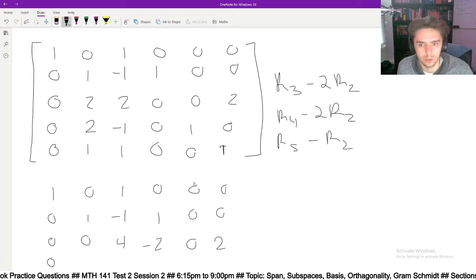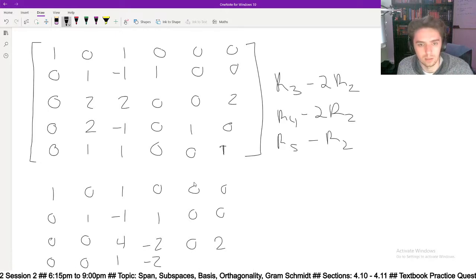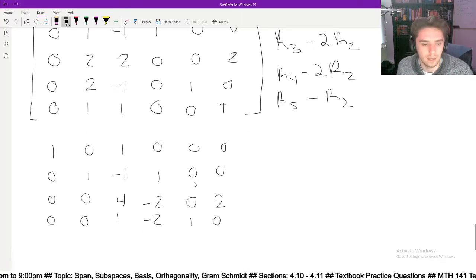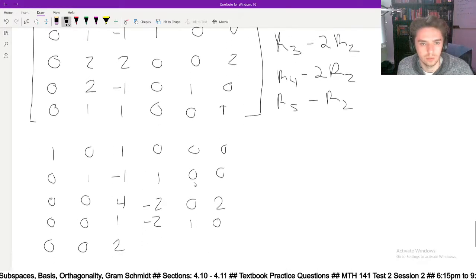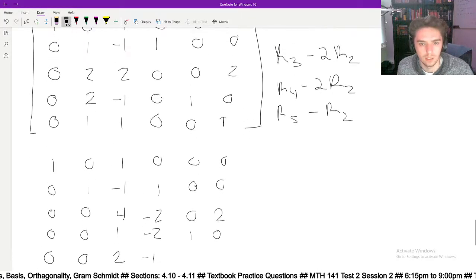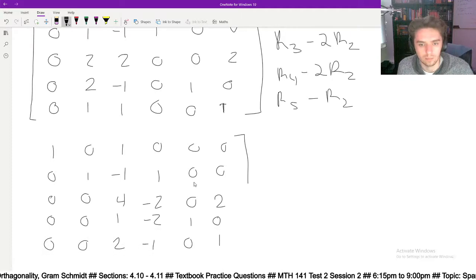Then 2 minus 2 is 0. -1 plus 2 is 1. 0 minus 2 is -2. 1 minus 0 is 1. 0 minus 0 is 0. Then 1 minus 1 is 0. 1 plus 1 is 2. 0 minus 1 is -1. 0, 0, and 1.